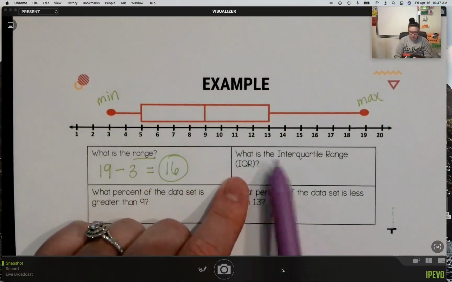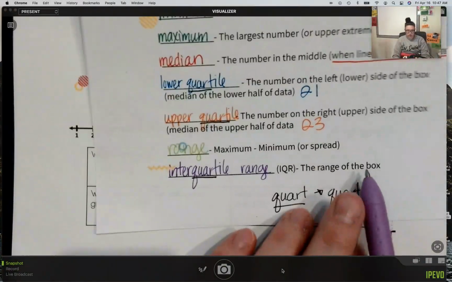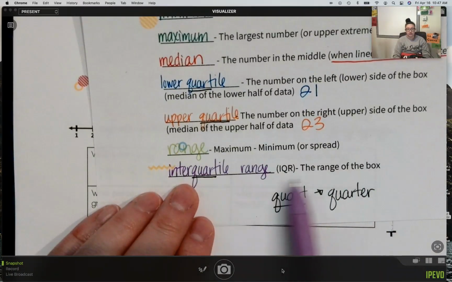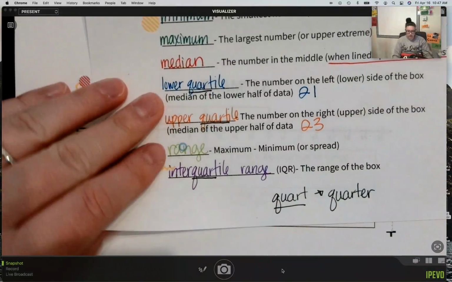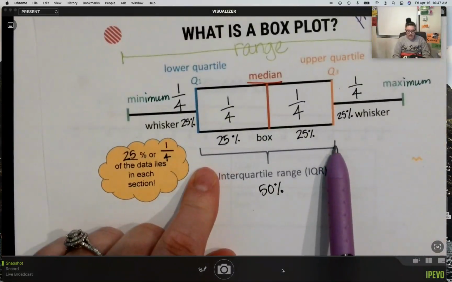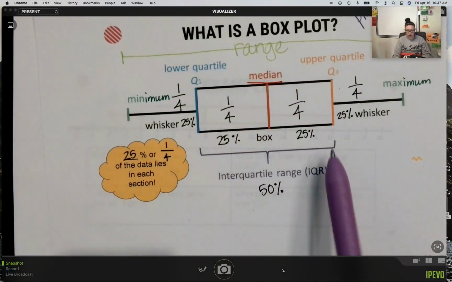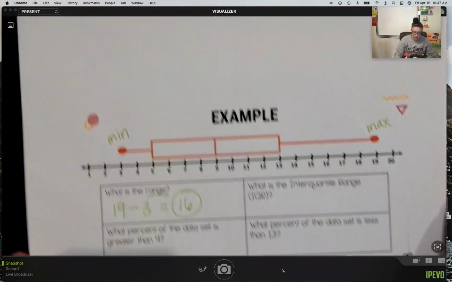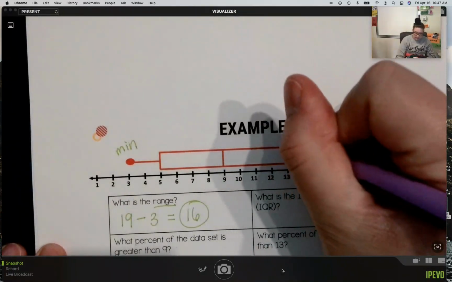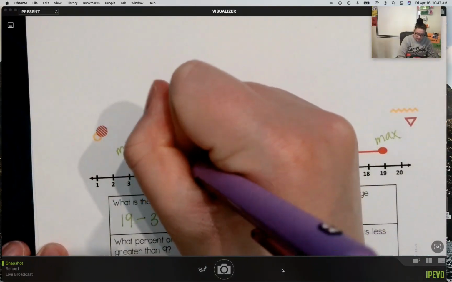Next, it asks, what is the interquartile range? Remember that interquartile range is the range of the box. So I need to subtract my upper quartile and my lower quartile to figure out how far apart those two things are. So I need to subtract my quartile 3 and my quartile 1.